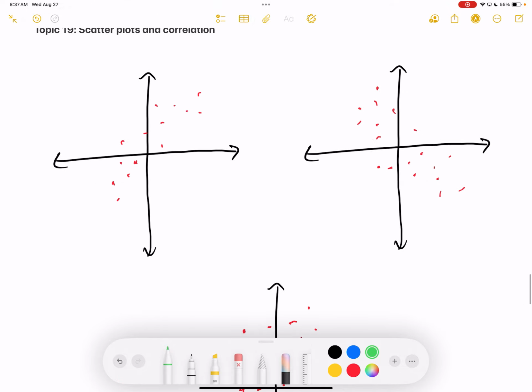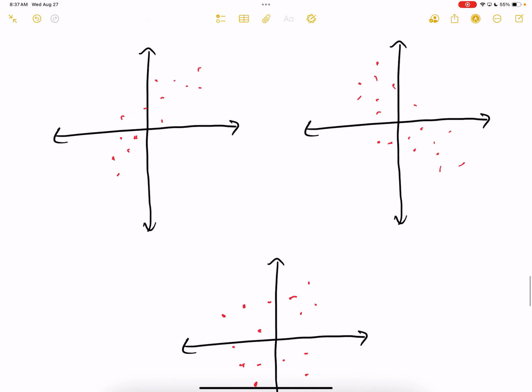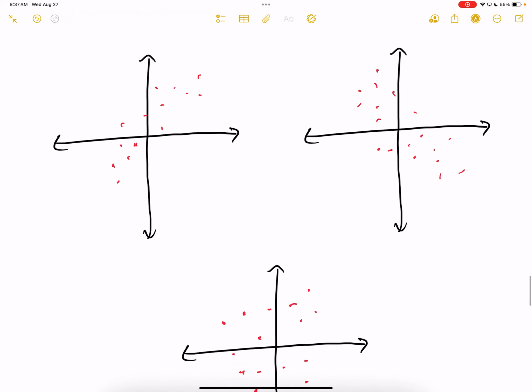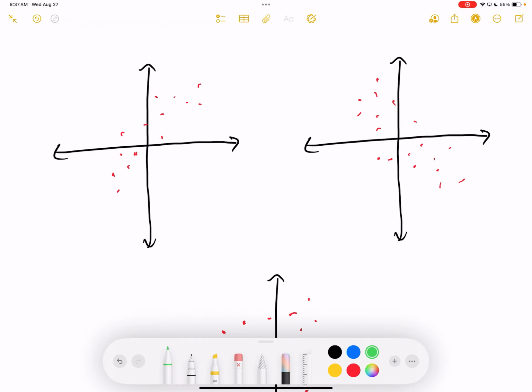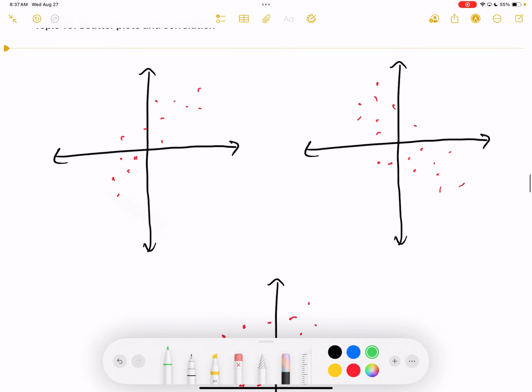There are 3 types of associations that we deal with. We kind of talked about these, but this is a positive association because it goes up from left to right.